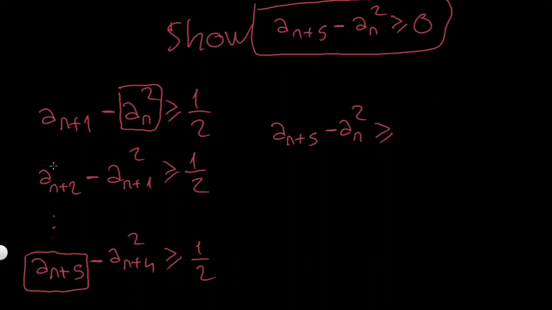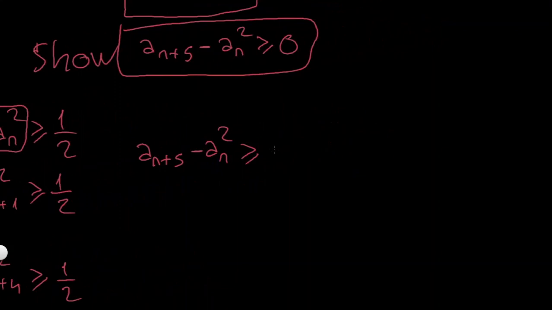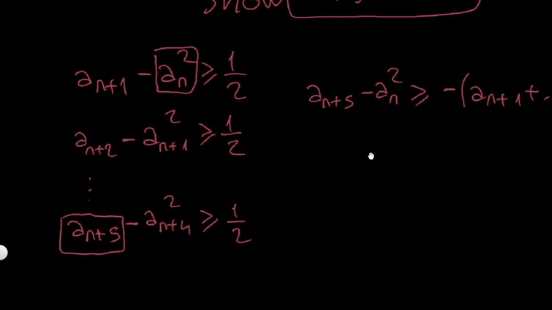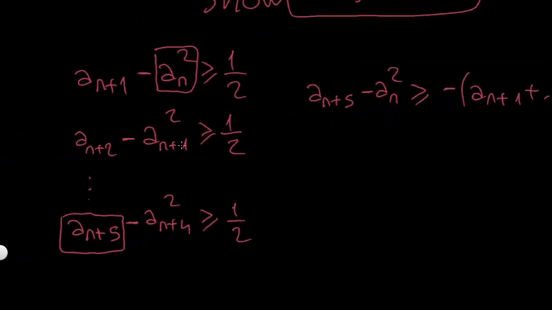Okay. So on this right side, I have greater or equal than. All of these a_{n+1}, plus 2, plus 3, plus 4, they are going to be minuses. So I have minus a_{n+1}, a_{n+2}, up to a_{n+4}. I also have all of these a_{n+1} squared, a_{n+2} squared, up to a_{n+4} squared, and all of these are going to be positive.